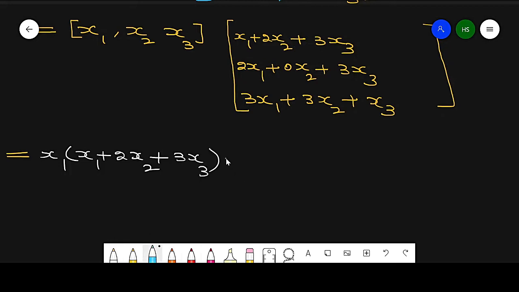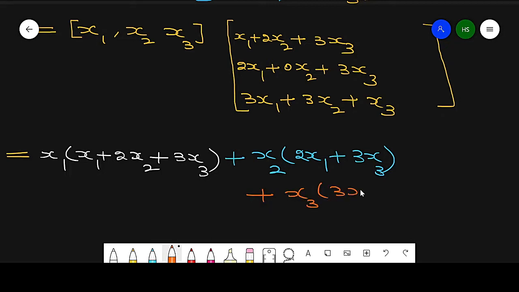Second is with x2, so x2 into 2x1 plus 3x3. And third is with x3, which is 3x1 plus 3x2 plus x3.